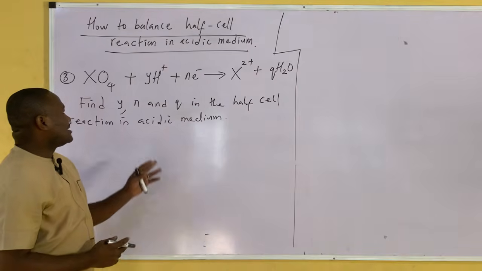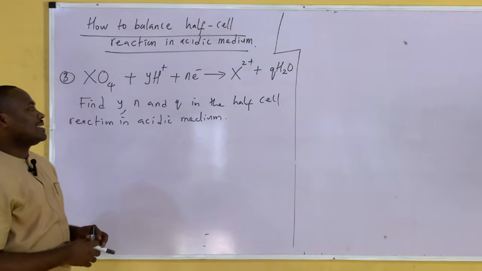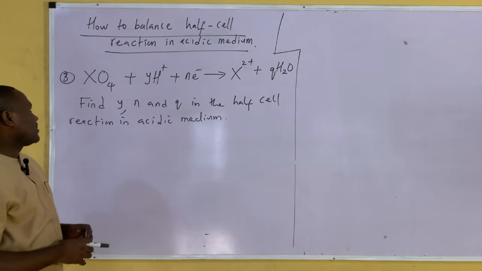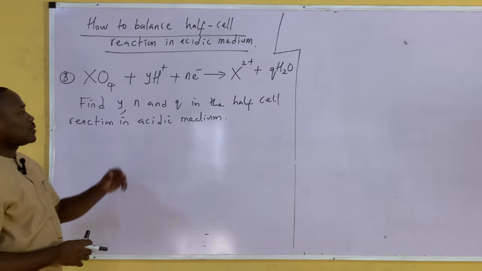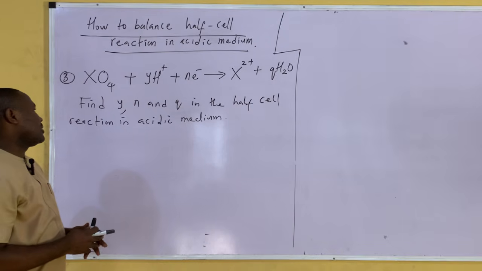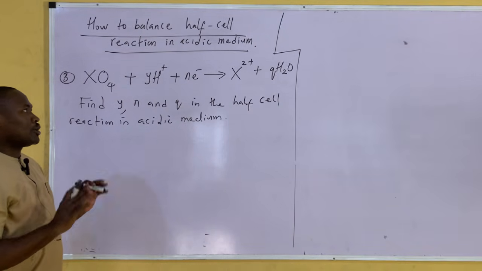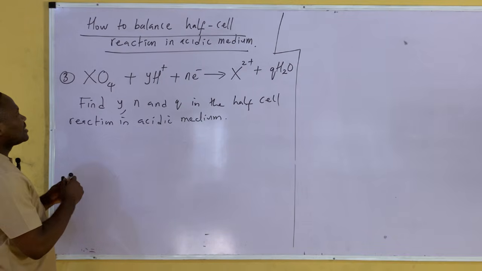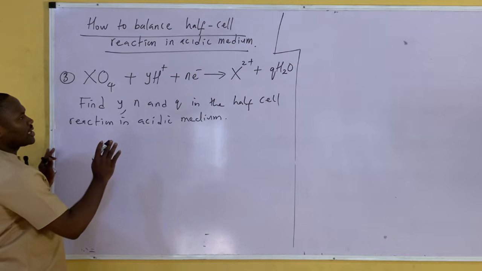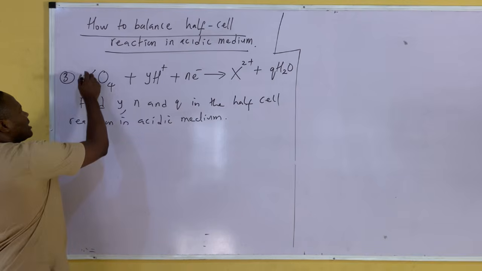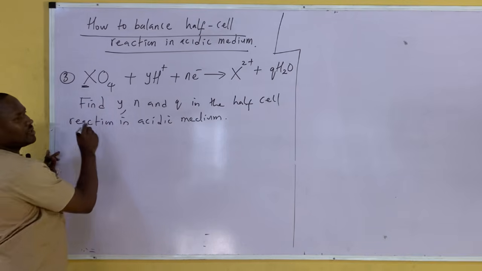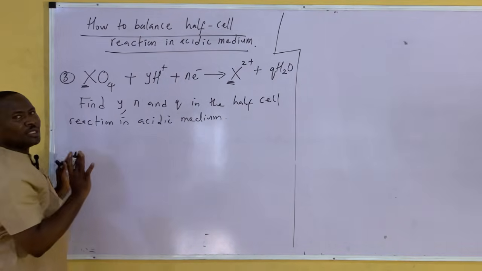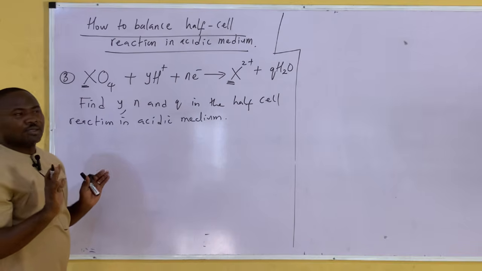Now let's look at this question. This is a very important question set by examination bodies. It says, find the value of X, Y, and Q in the half cell reaction in acidic medium. Now, take note of this. X is here at the reactant, X is here at the product, meaning X is balanced.